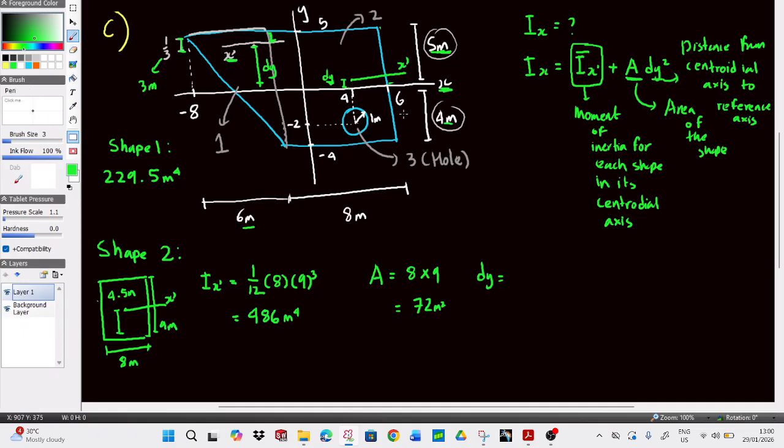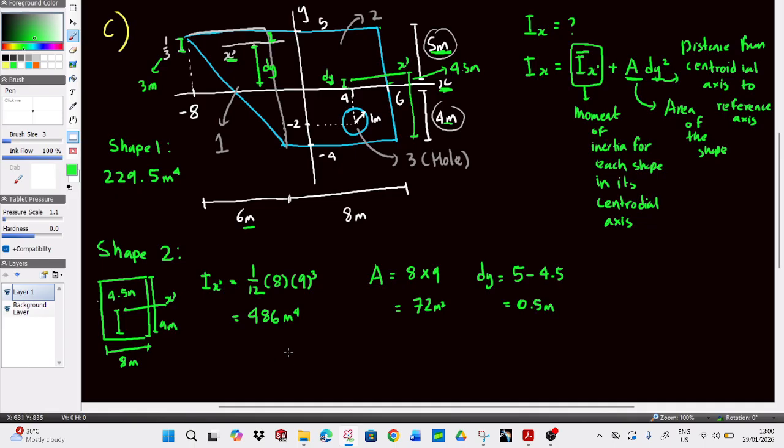Because our dy is simply here, it'll be 5 meters minus 4.5, because 4.5 is the center. So 5 minus 4.5 is 0.5 meters.